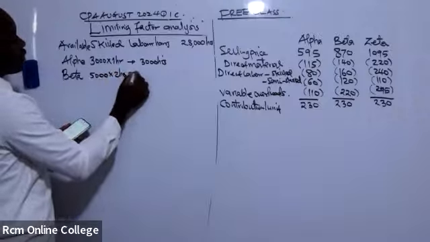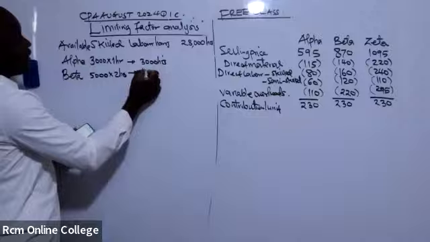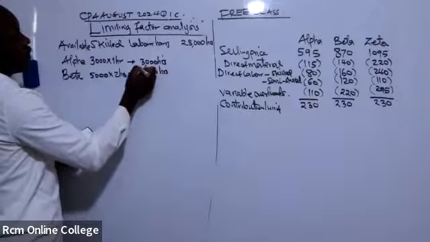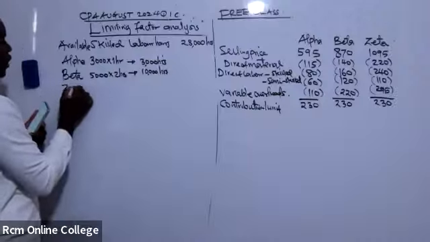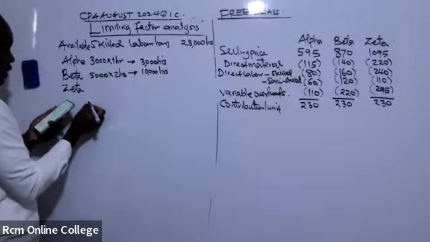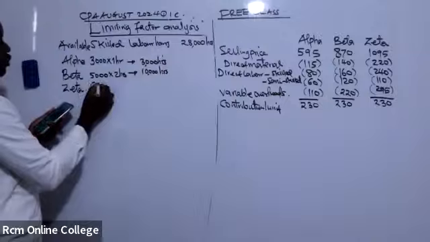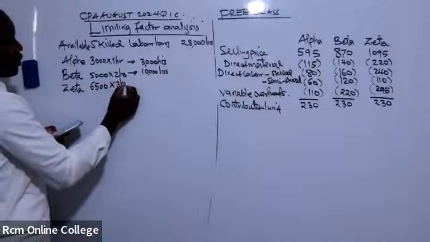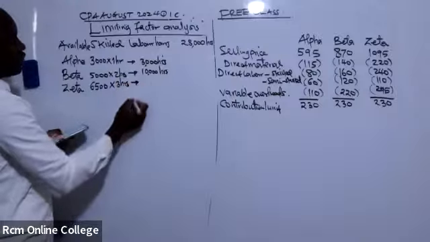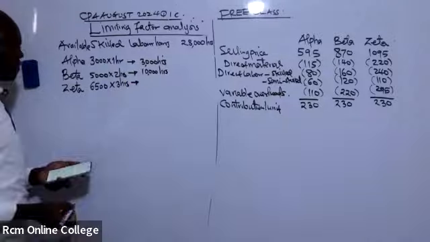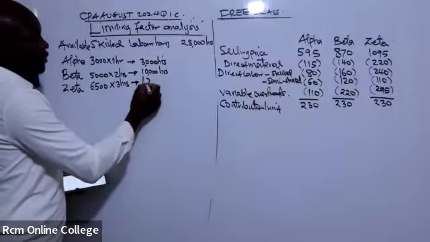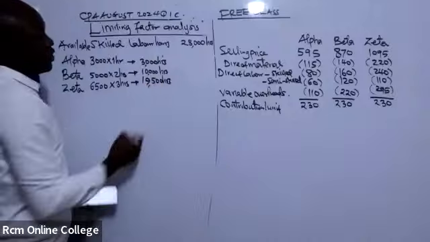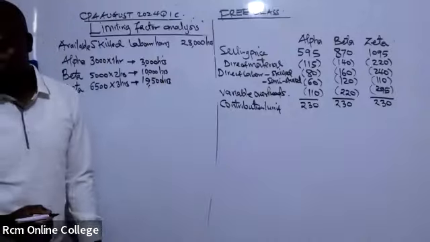That will give us 10,000 hours. Then for product zeta, the company needs to produce 6,500 units, and each requires 3 hours. So 3 by 6,500, is it giving us 19,500 hours?